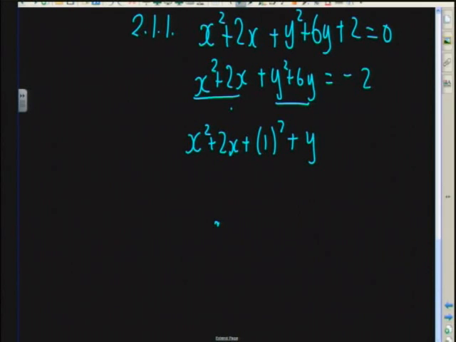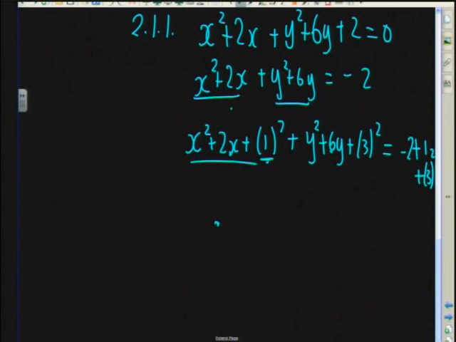And then, very importantly, we've got to add that 1 onto the right-hand side, because remember, it's an equation. Whatever you do to one side, you have to do to the other side. Then we've got y squared plus 6y, and then we add a half of that b term, which is 6, and we square that. And we add it once again to both sides because it is an equation.